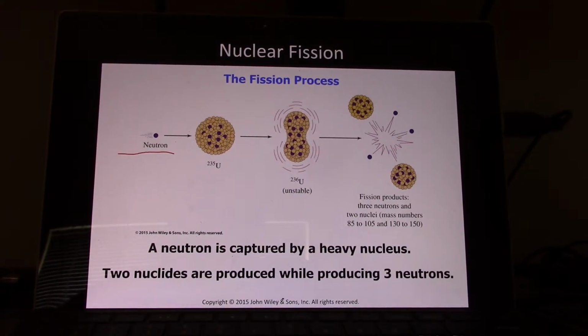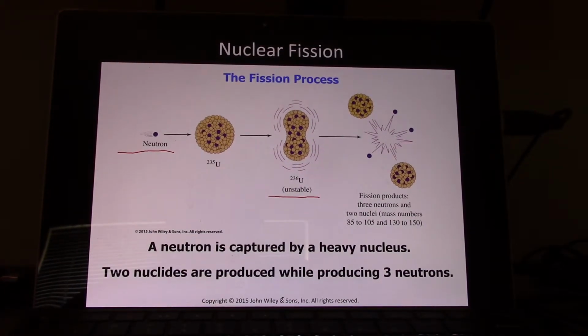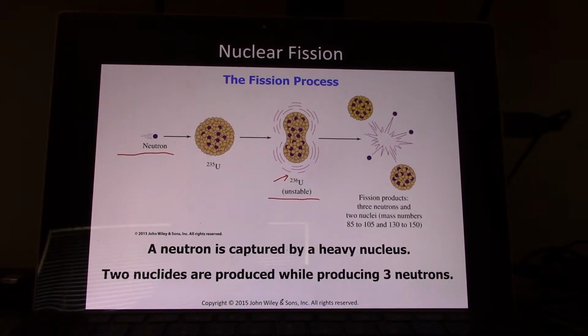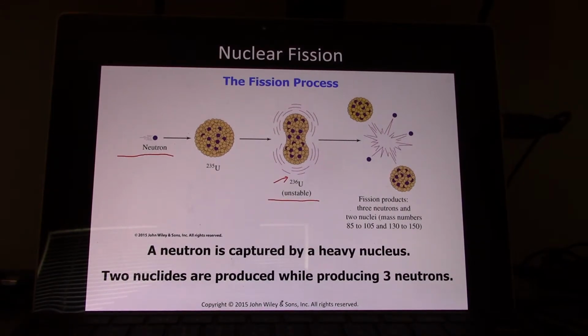Because we had a neutron and it hit uranium-235, you temporarily get uranium-236 because you have that extra neutron, but that's not stable, and so it splits into 2 products.